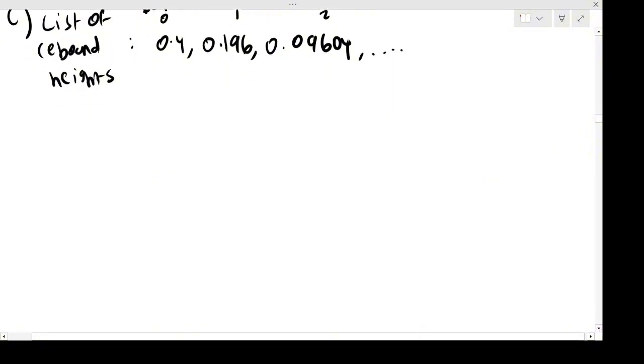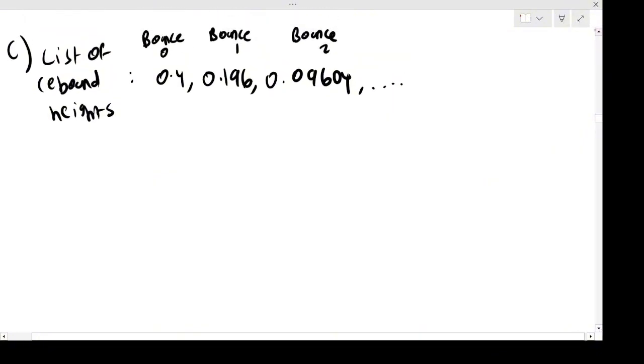Obviously, you can see they're going down, but there's something more particular about this. This is a particular kind of sequence, as it turns out. So consider this. Let me just consider doing 0.196 divided by 0.4. If I work that out, I get 0.49.